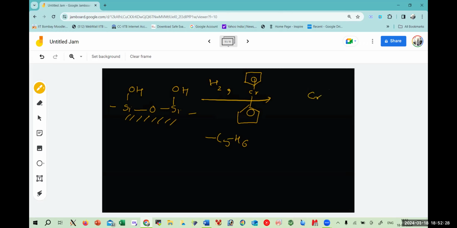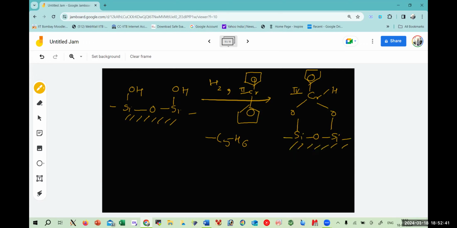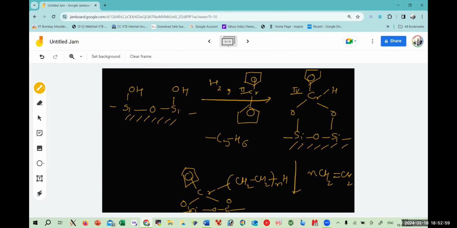The Cp remains intact, and this +2 now goes to +4, and ultimately on treatment with ethylene, it would give chromium with a Cp group, and this hydride can easily be transferred to this species, making polyethylene, oxygen, oxygen, silicon, oxygen, silicon. So this is your product which can be formed using chromocene.